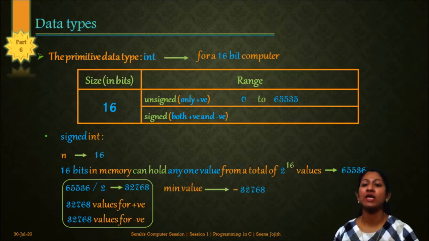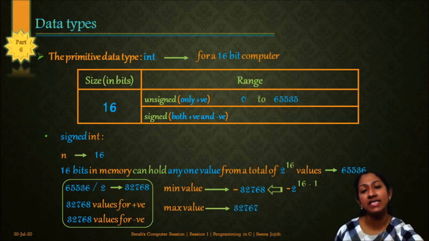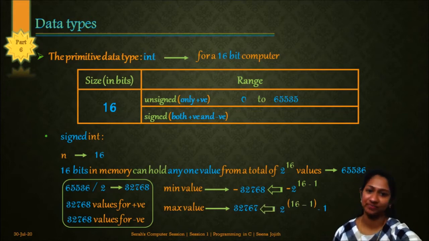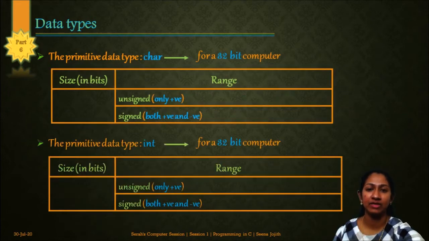The minimum value will be minus 32,768, and that is 2 raised to 16 minus 1 with a negative sign appended to it. The maximum value will be 32,767, and that is 2 raised to 16 minus 1 minus 1. I hope you got what I conveyed here, I mean the equation and things with regard to the equation.